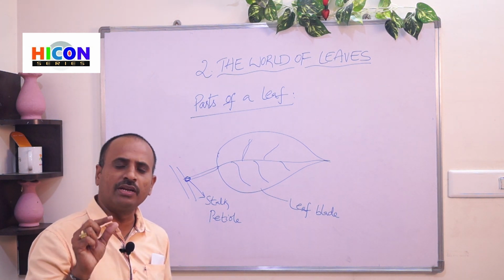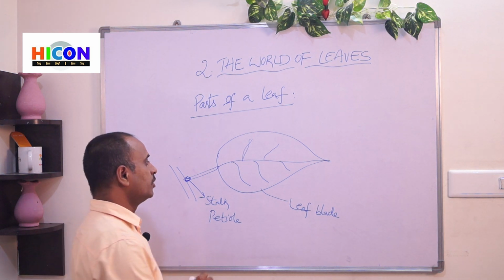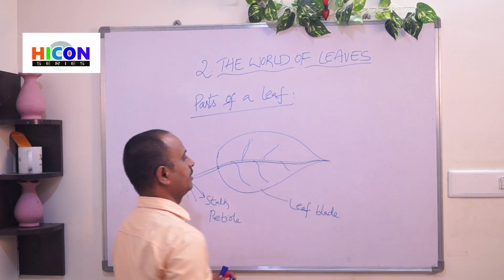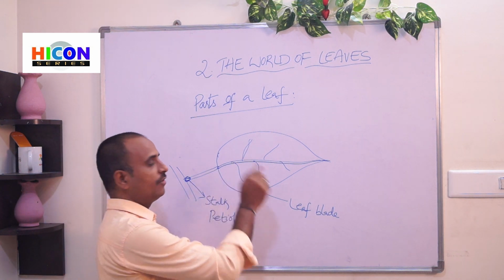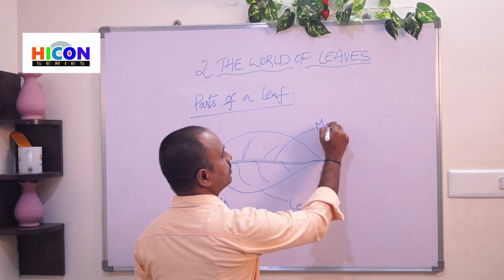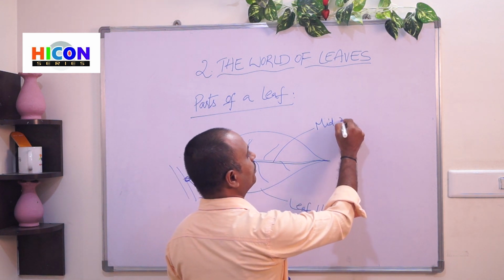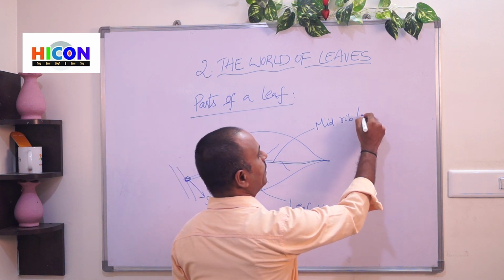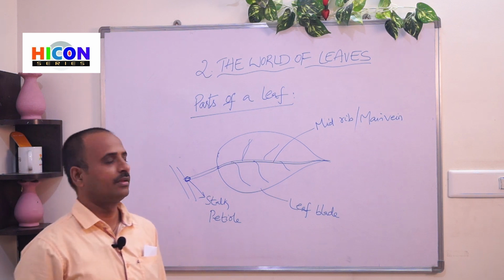And if you observe the leaf carefully, there is a thick tube that passes through the middle of the leaf. That thick tube which passes through the middle of the leaf is called midrib, or it can also be called main vein.